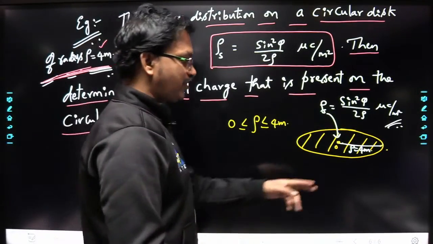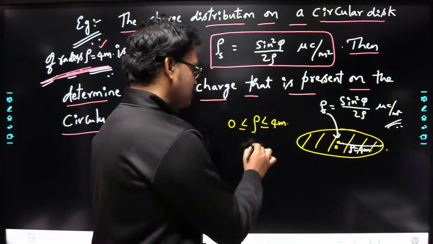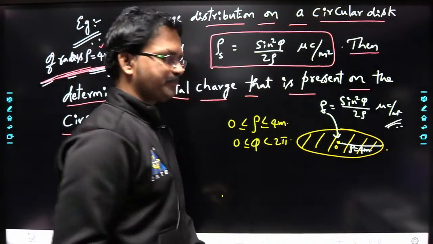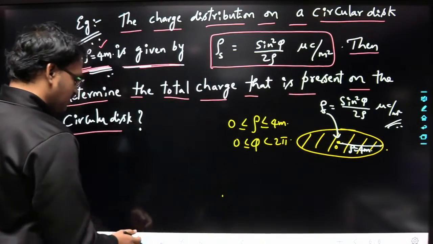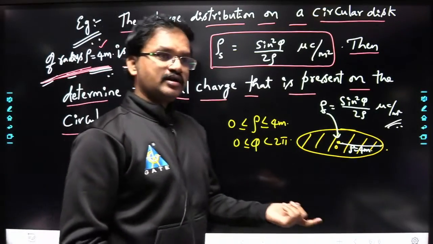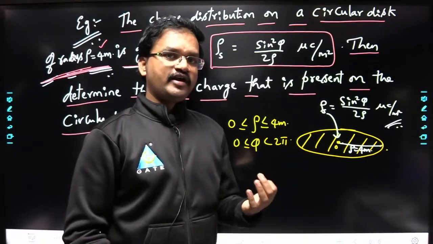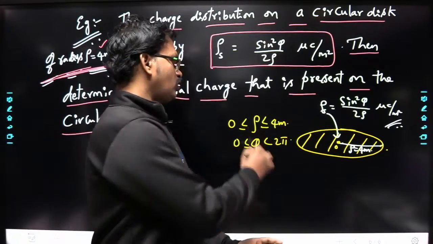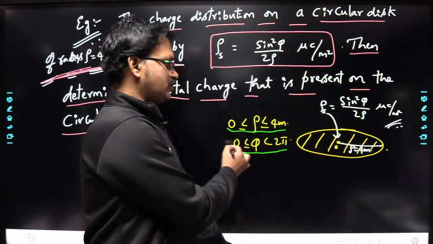And what is the phi range? If you want to consider the total circular disc, the range of phi is from 0 to 2 pi. Yes or no here? So how can you form a circular disc? By varying only rho and phi. Now here rho is varying from 0 to 4, and phi is varying from 0 to 2 pi.